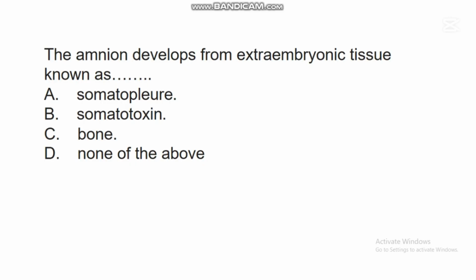In this question, the correct answer is A. Somatopleure. This somatopleure is a structure found in a pregnant woman, and studies have shown that the amnion develops from this extraembryonic tissue known as somatopleure.